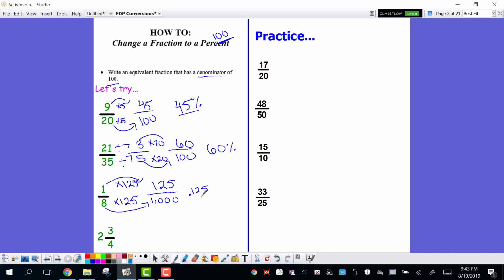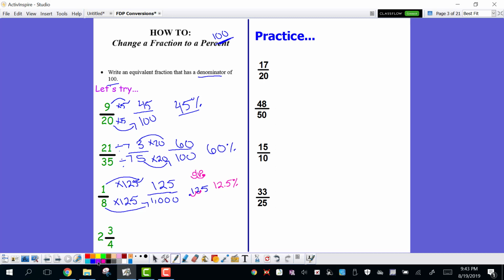Okay, and then how to convert this into a percent? Well, we think of Dr. Pepper, decimal to percent. We go 1, 2 times to the right. So I go 1, 2 times to the right, and that makes 12.5%.